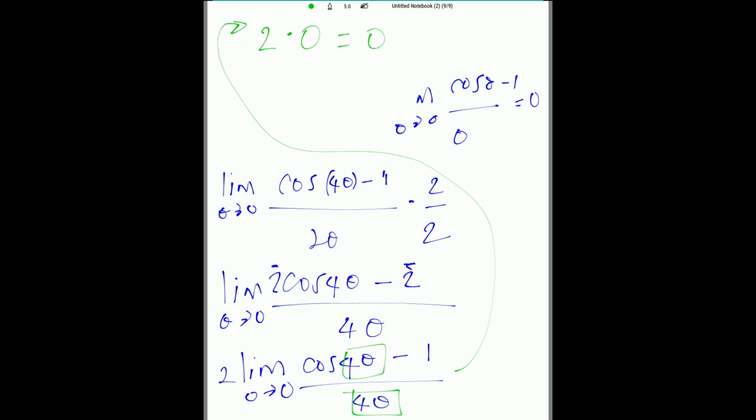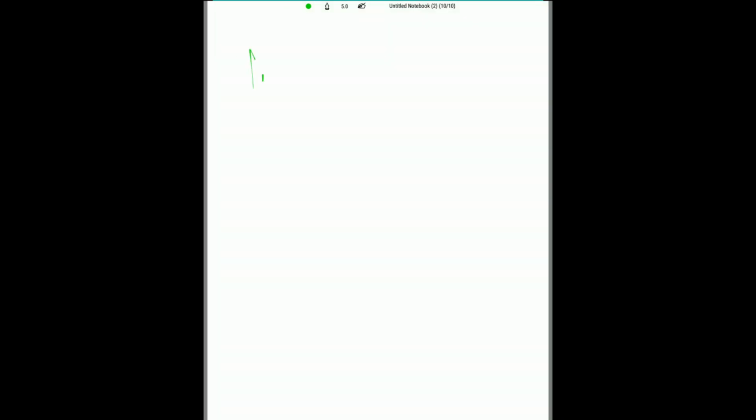So, in other words, all we're saying is that the limit of cos 4 theta minus 1 all over 2 theta as theta approaches 0 is equal to 0 also.